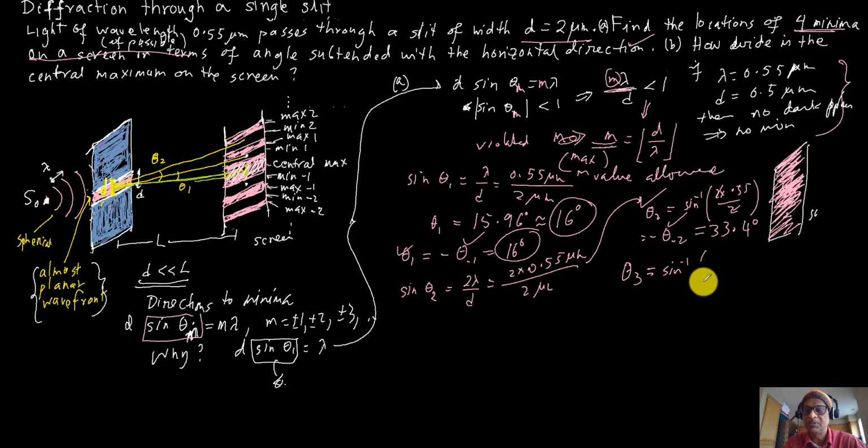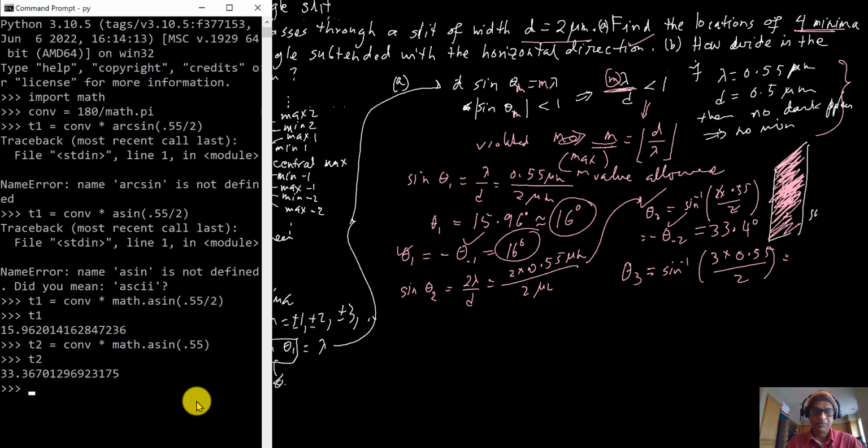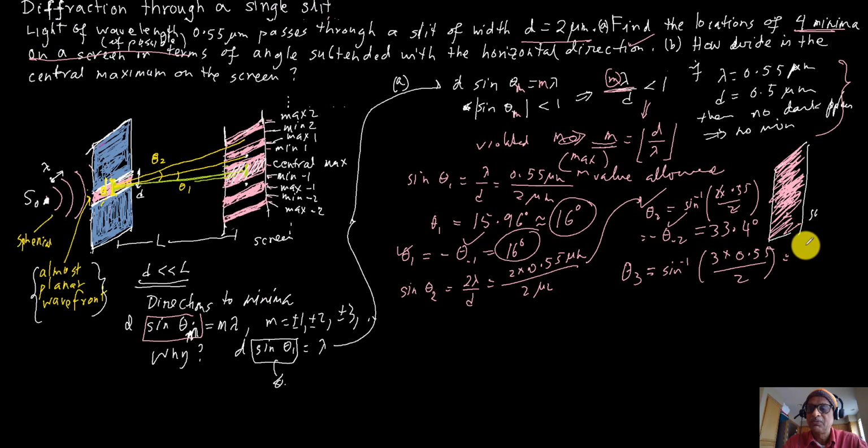So arc sine inverse 3 times 0.55 over 2, and that's going to be, so T3 is going to be 3 lambda over D2. So, and that's 55.6 degrees, with same thing is minus theta of minus 3.